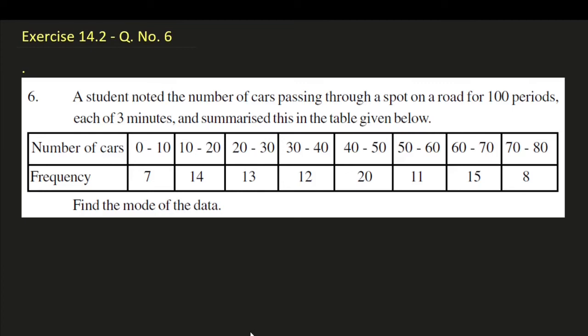We can identify the modal class. Modal class is the class interval having the highest frequency. In this data, 20 is the highest frequency. So the class interval having this frequency 20 is the modal class. So here 40 to 50 is the modal class.